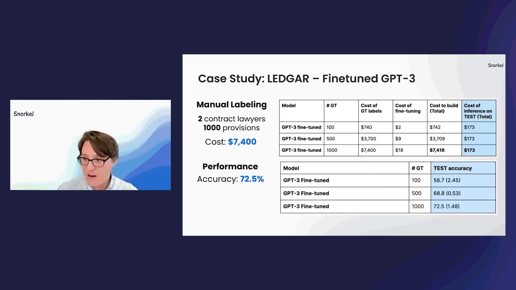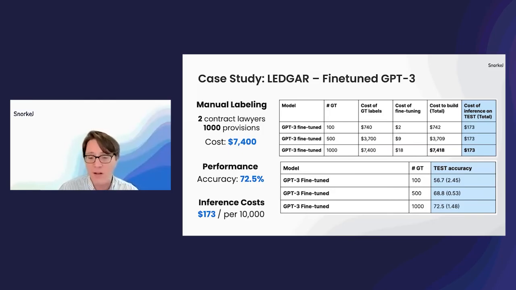If we were to take that and fine-tune what at the time was a state-of-the-art large language model, GPT-3, we found that we got a model of about 72.5% accuracy using their fine-tuning API. And to evaluate our test set, which is to run the model that we paid to train, cost about $173 per 10,000, which is the entire test set. So pretty expensive to run at inference.